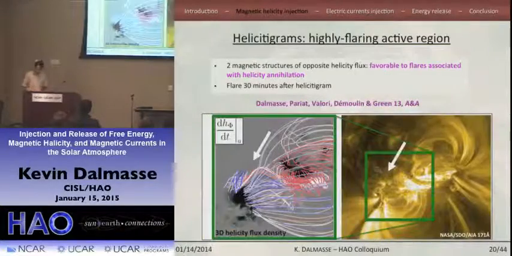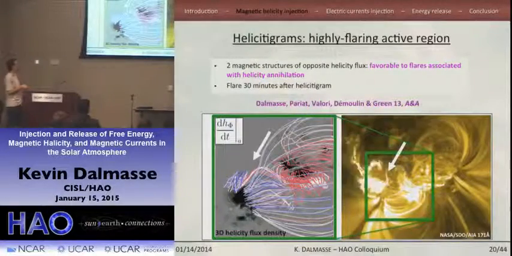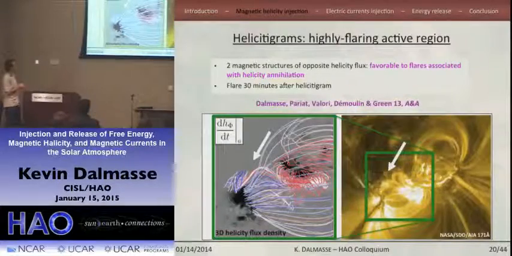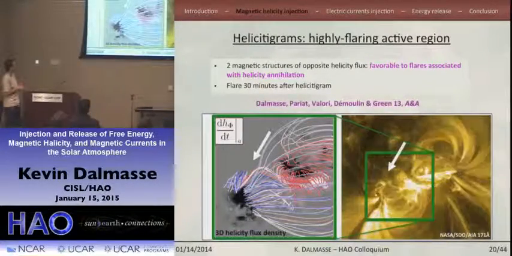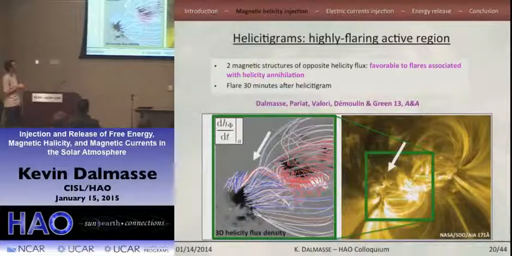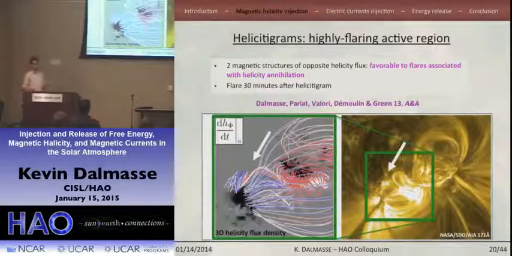So I analyzed the AIA data at 171 angstrom, and 30 minutes after the time at which I computed the helicity density here, I was able to find a flare occurring in this very region, so a flare which is potentially associated with helicity annihilation.